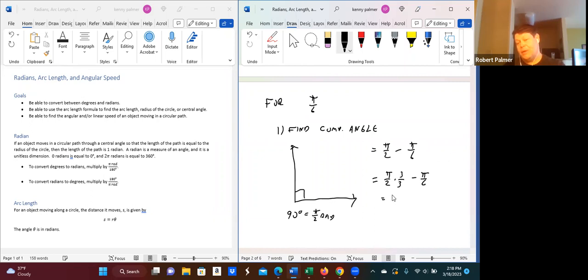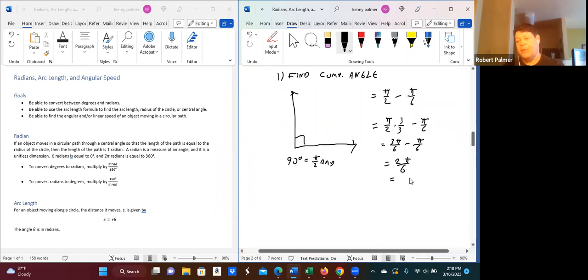That's going to be 3 pi over 6 minus pi over 6, which is 2 pi over 6, which is pi over 3.